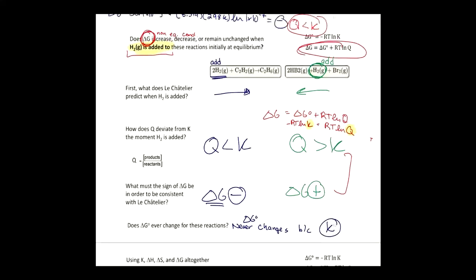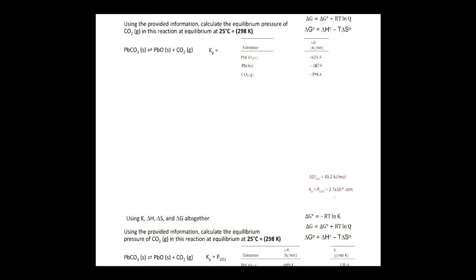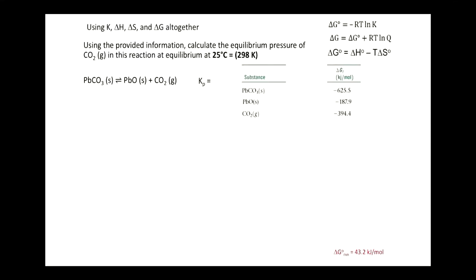All right, let's put it all together with a little bit more math. That one was more conceptual, so let's do the math ones. Let's use the provided information and calculate the equilibrium pressure of CO2 of this reaction at equilibrium at 225 degrees Celsius, or 298 Kelvin. 298 Kelvin is our standard temperature, wouldn't you agree?